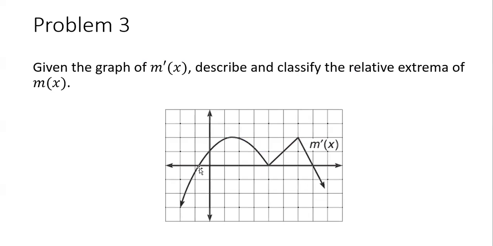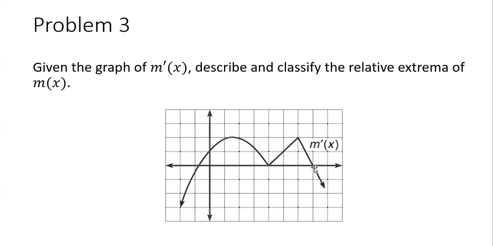Let's say it's minus 0.9, okay? The derivative only changes sign again right here. This is 0, but the derivative didn't change sign. It didn't cross the x-axis. So there's no relative min or max there.